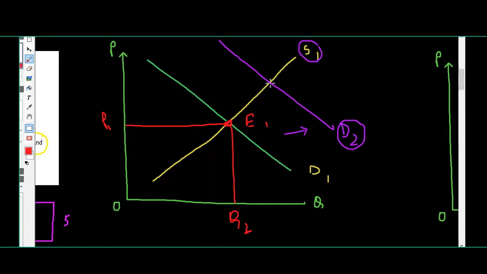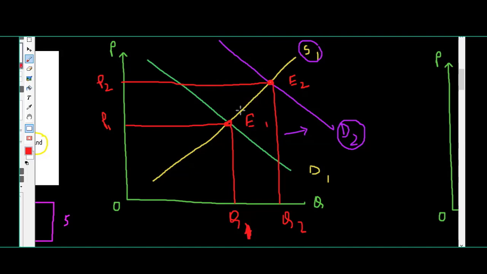So new demand and old supply curve both are intersecting at a new point. For example, this, let's denote it with E2. This will indicate the new equilibrium point. So because of this, there will be different equilibrium price and different equilibrium quantity as well. Okay, that was a mistake. Consider that one as Q1.